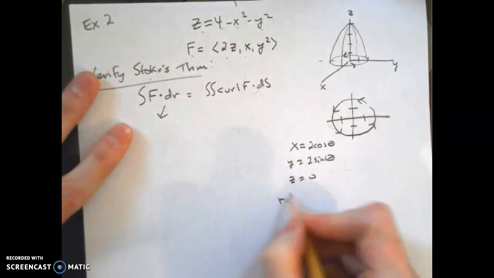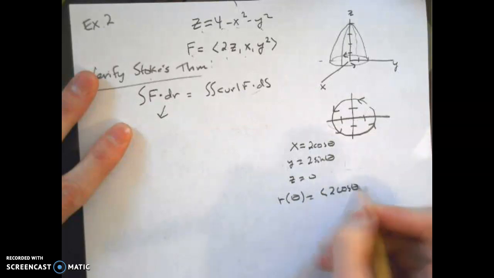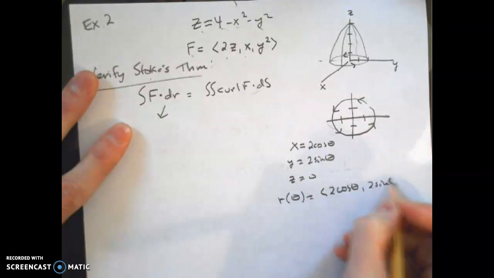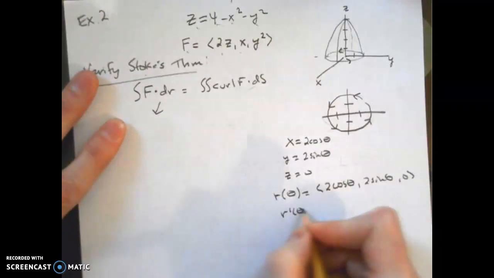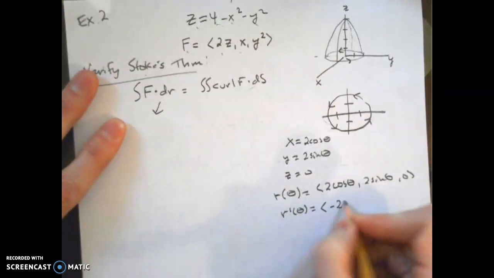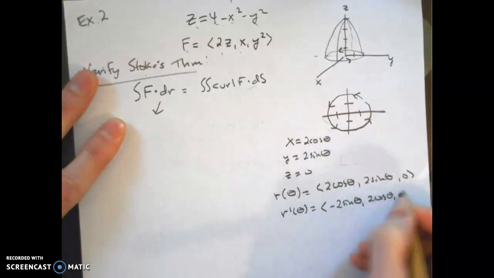So r of theta would be 2 cosine theta, 2 sine theta, 0. Okay, r prime of theta would be negative 2 sine theta, 2 cosine theta, and 0.